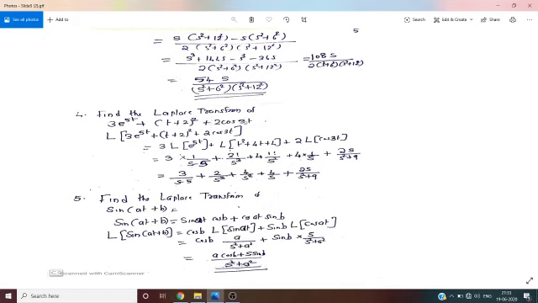Now find the Laplace transform of 3 e raised to 5t plus (t plus 2) the whole square plus 2 cos 3t.